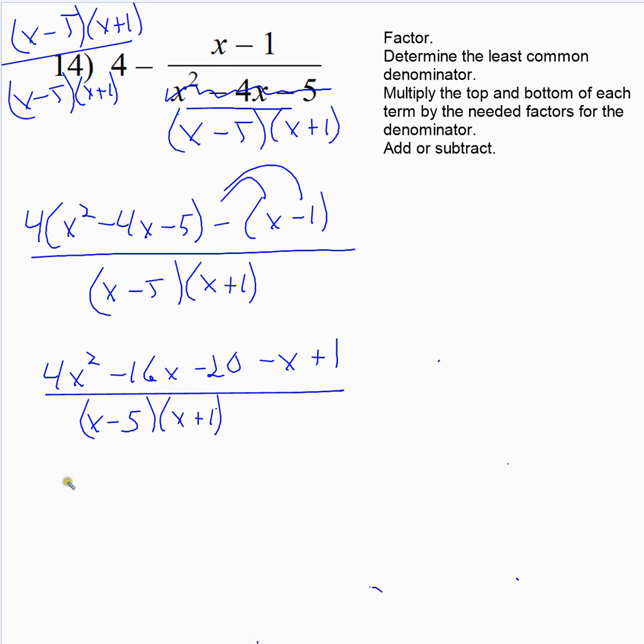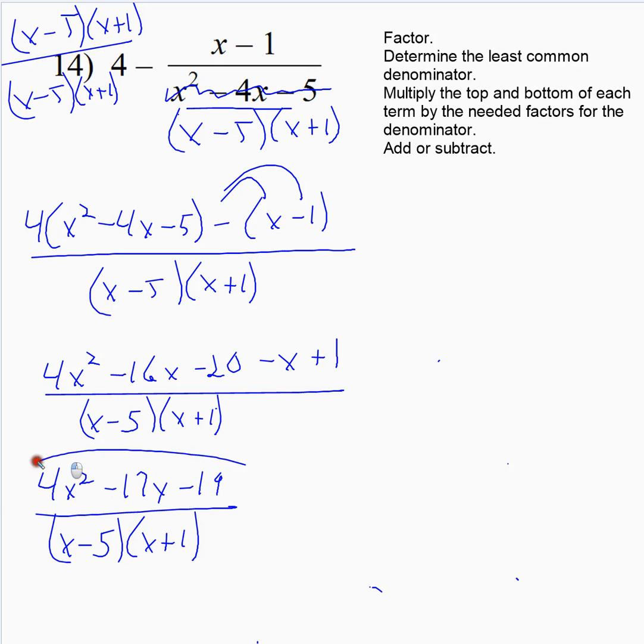And then we have a 4x squared minus 17x, and then minus 19, all over x minus 5 times x plus 1. And that's our answer. Sometimes you do want to check if you can factor this. This one I don't believe factors, so we can leave our answer like that.